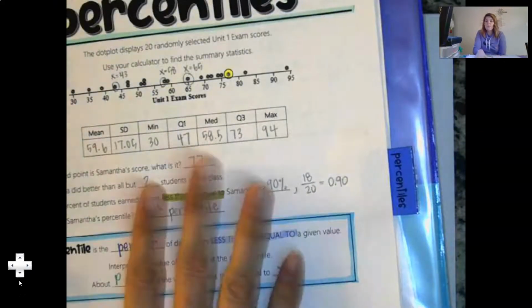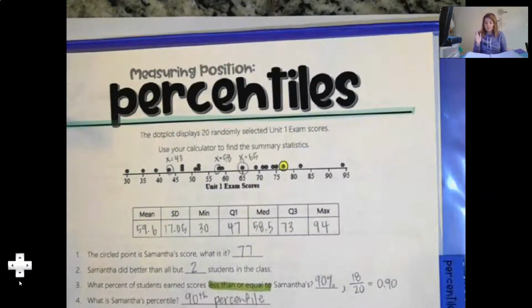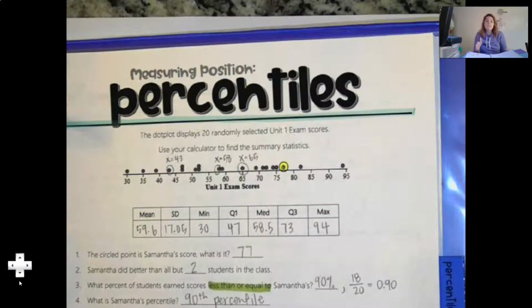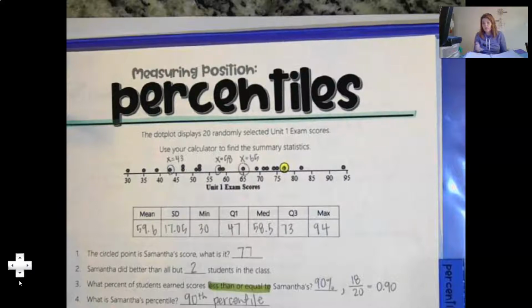And now we are moving into percentiles. The reason why percentiles is in this unit is because it will become related to our normal curve. So the idea that we see here, we will relate in this lesson to the normal curve, but we are also going to relate it to the standard normal curve, which comes up in our next unit.